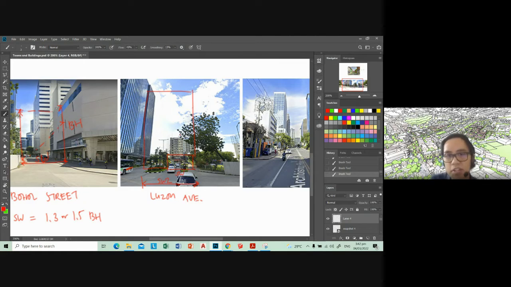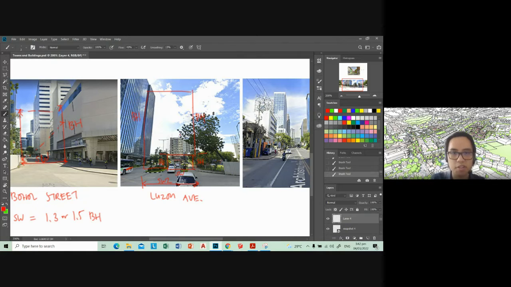Then this is not a building height, but let's say a street height, SH, because it's just trees, there's no building, it's defined by plant vegetation over here. So we call that SH. And then another building height over here, BH. And this is a proposed building height over here, BH.